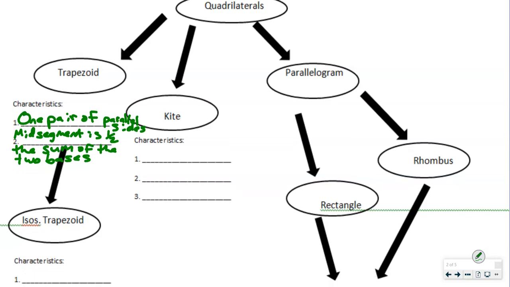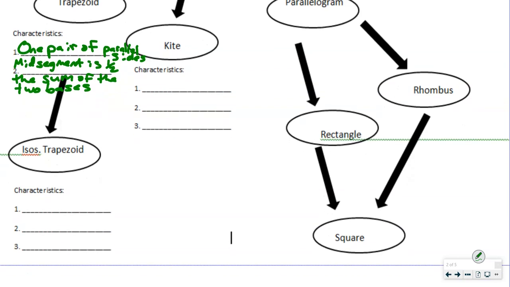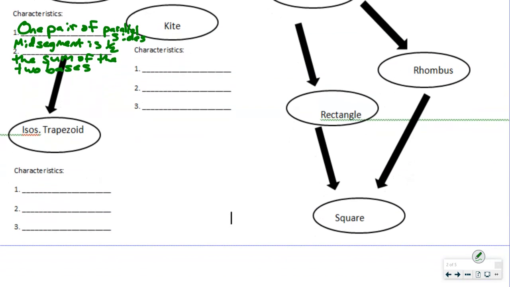Now, along with a trapezoid, there can also be isosceles trapezoids, which is just a little bit more specific than a regular trapezoid. And our characteristics of an isosceles trapezoid is that the legs are congruent. So not the bases, not what's parallel, but those non-parallel sides, which are the legs, are congruent.